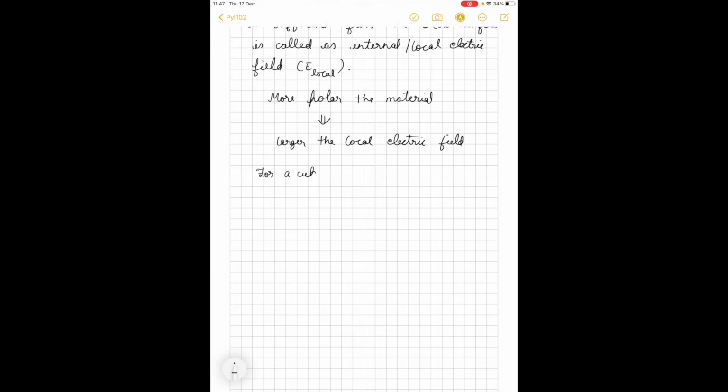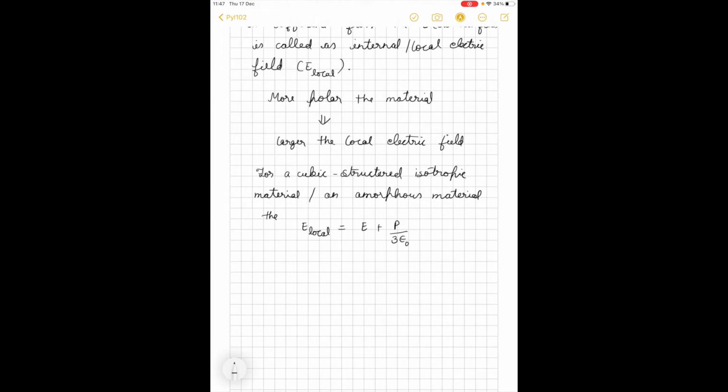So for a cubic structured isotropic material, or one can consider an amorphous material, the form of E local is equal to E, the external electric field, plus it also depends on the polarization.